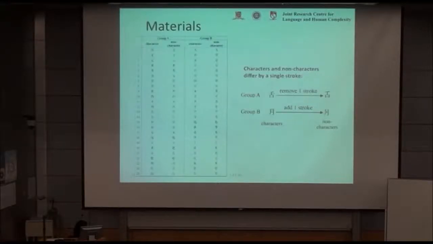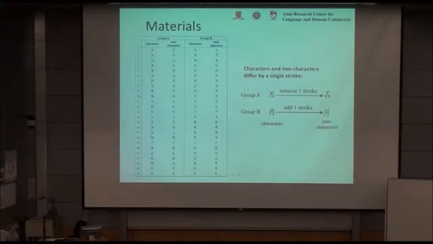I will show here. So we constructed 50 pairs of such stimuli. And you can see from this column, these are legal characters. Then by removing a stroke, it becomes illegal, right? In both the simplified system and the traditional system, there is no such character.